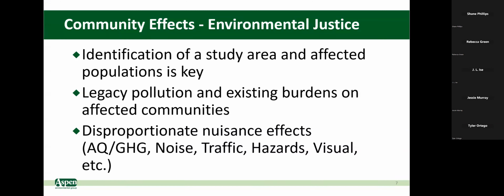Tatiana, next slide, please. One of the first key tasks is to identify the surrounding populations and their existing levels of vulnerabilities and the legacy pollution that may have occurred in the area already, to then be able to determine the level of burden and disproportionate project effects that may be placed on these communities.